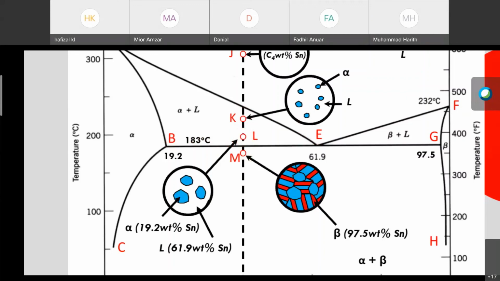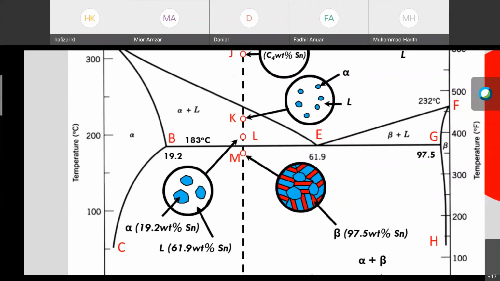When we put 40% value of SN, okay, 40% of SN itu akan behave different microscopic punya diagram. Kalau kita heat at a certain temperature, when we heat, we start to cool different set to heat and set to cooling process lah.